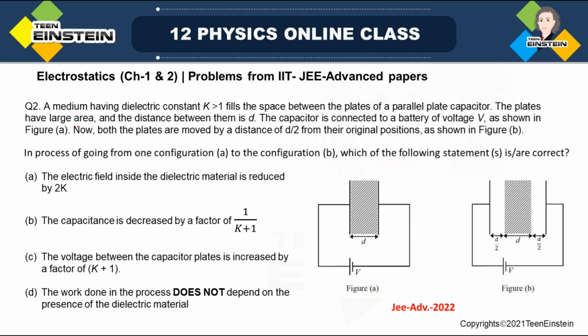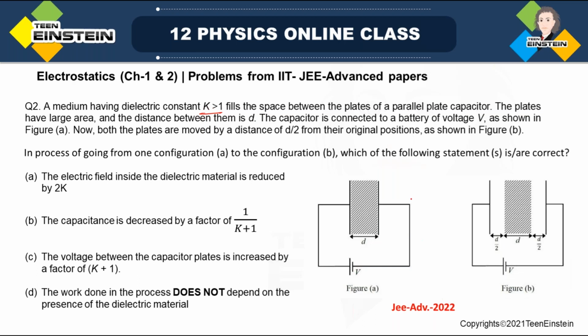The plates have large area, and the distance between them is D. The capacitor is connected to a battery of voltage V as shown in figure A. You look, this is figure A, where we can see the space between the plates of a parallel plate capacitor is filled with a dielectric material having dielectric constant greater than 1, and the plates are separated by a distance D, and connected to a battery of voltage V.